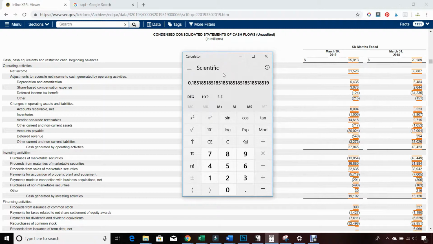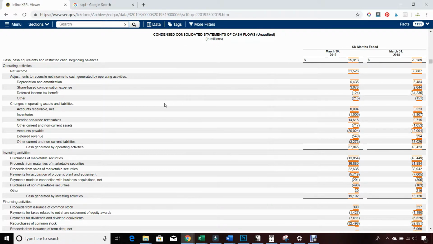So the payout ratio is about 18.5%, and that's pretty low. So that's the alternative metric that I like to use sometimes, a modified dividend payout ratio, if you will. The numerator, the top number, is still the same. It's the dividends paid, but the bottom, instead of net income, is going to be cash flow from operations.